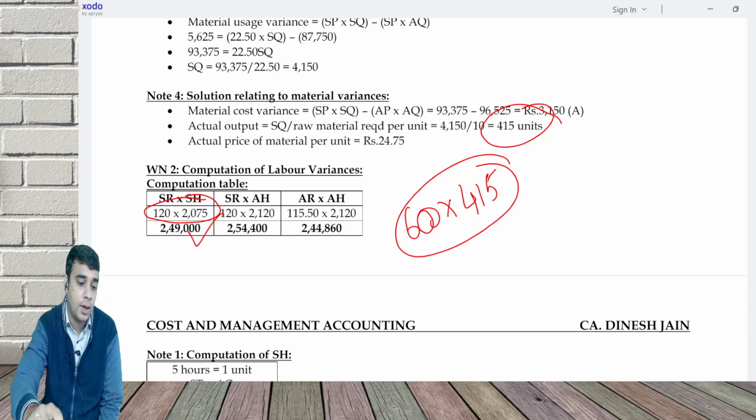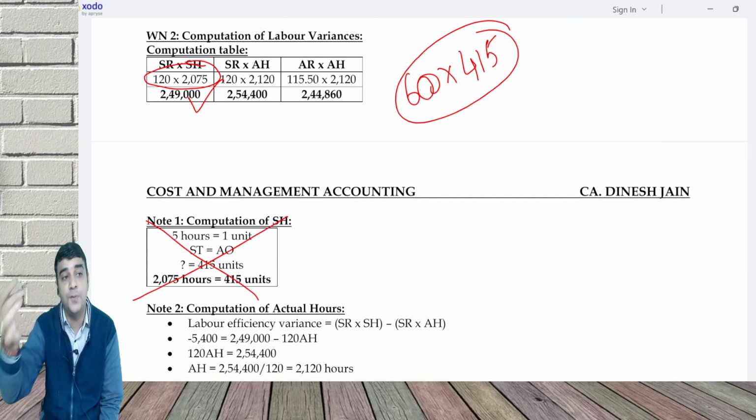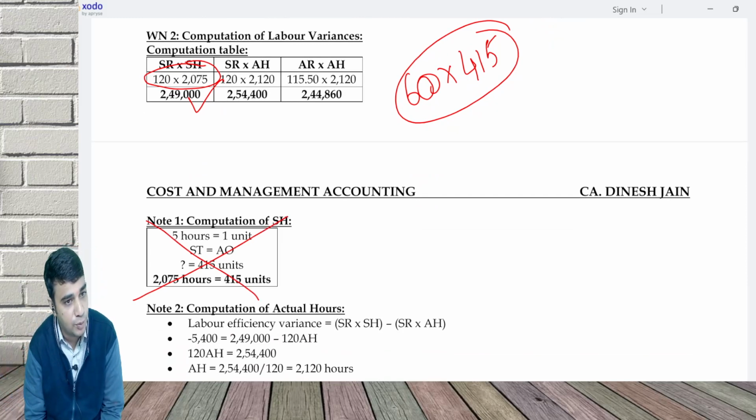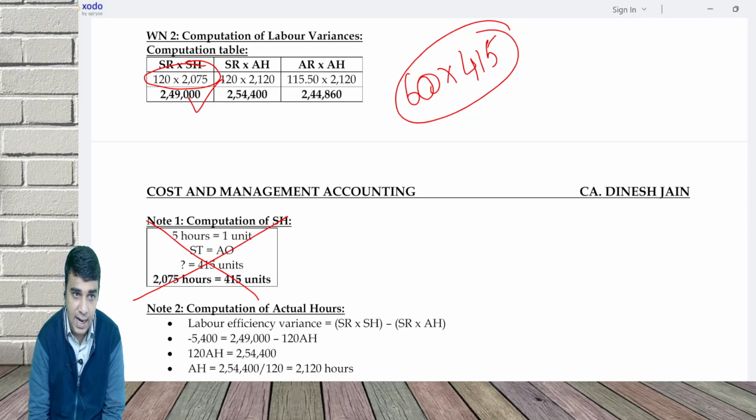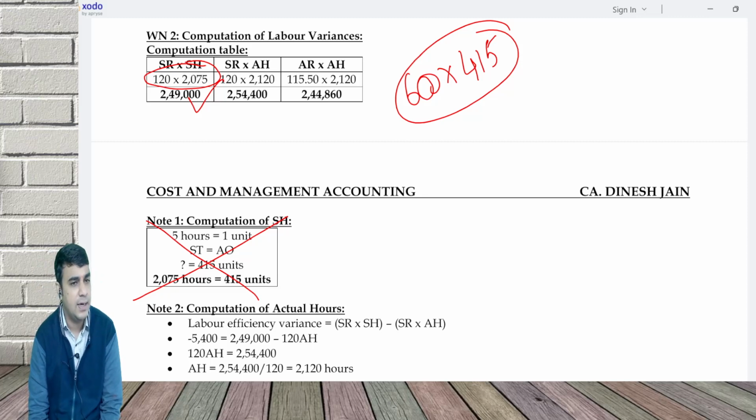In short, in labor variances, you can remove this calculation if you want in a few questions, not always. In a few questions, if you can get SR per unit directly, you can end up using SR per unit into actual output. You calculate standard time with the help of actual output. So SR into SH. Why did I not discuss this in labor?